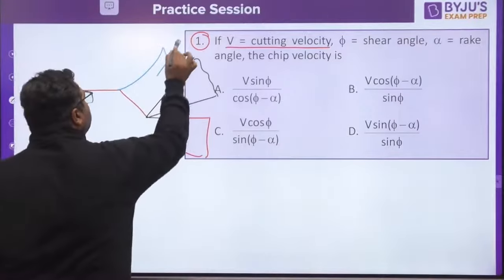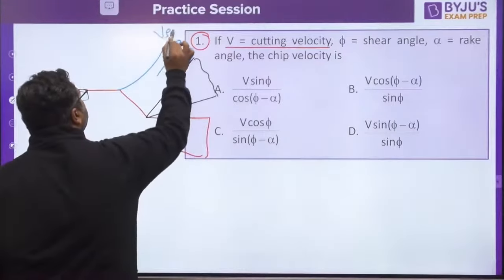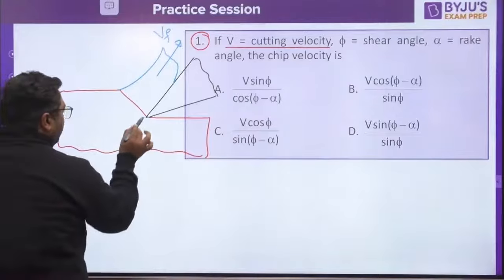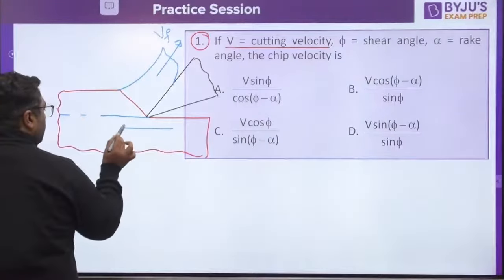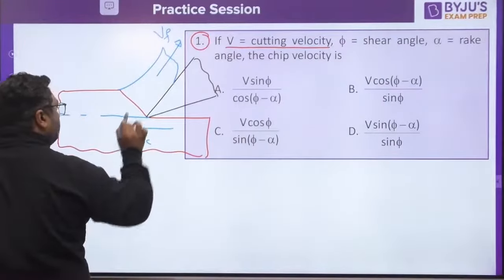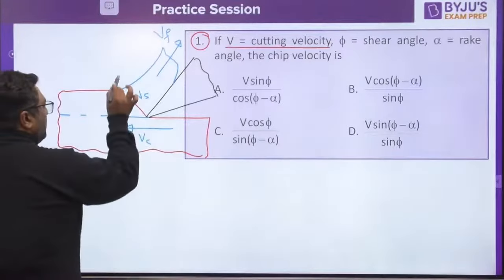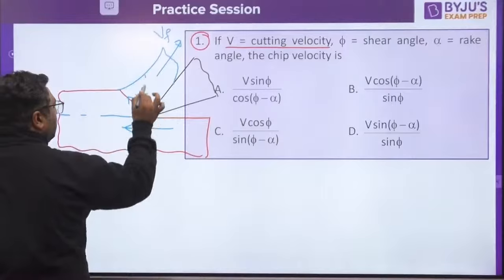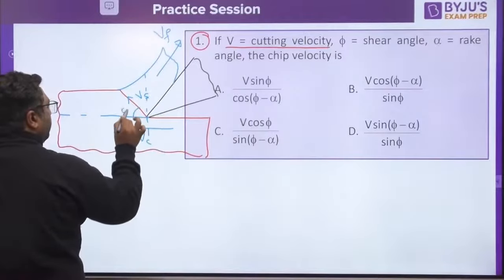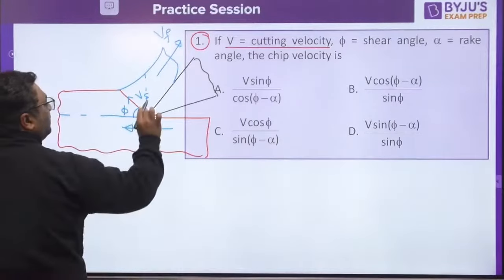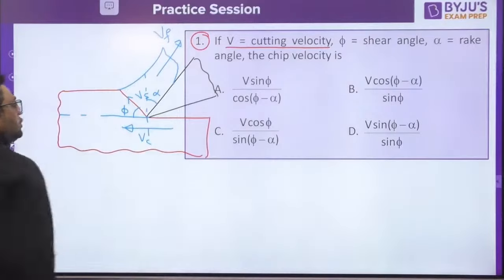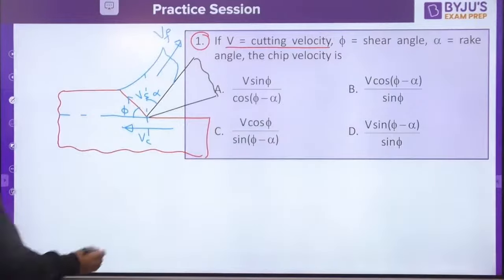This velocity is said to be the chip flow velocity, this velocity is said to be the cutting velocity, and this velocity is said to be the shear velocity. You know that this angle is phi. This angle is alpha.